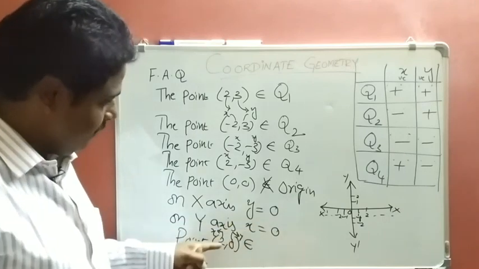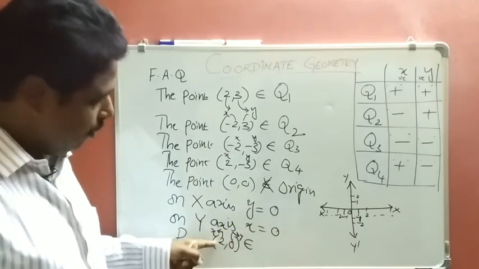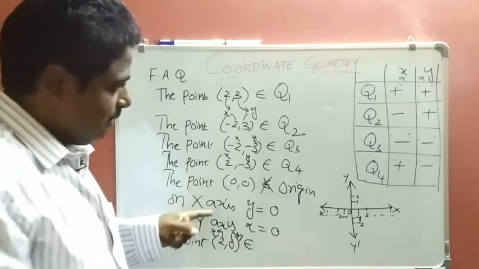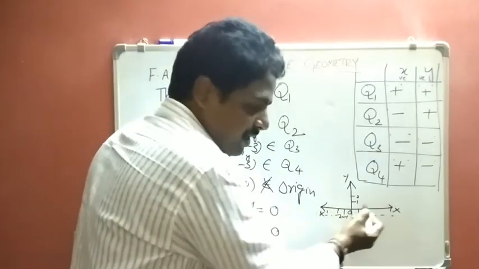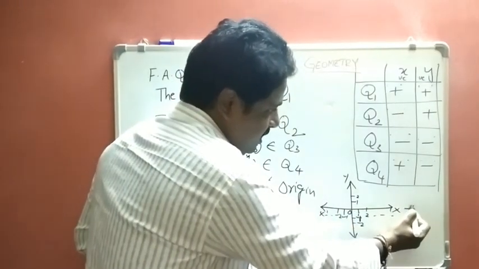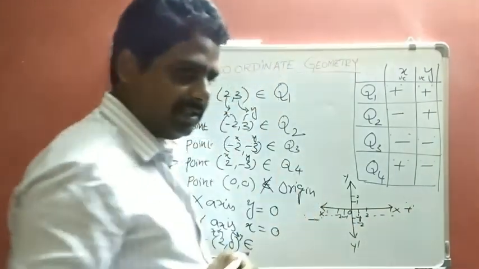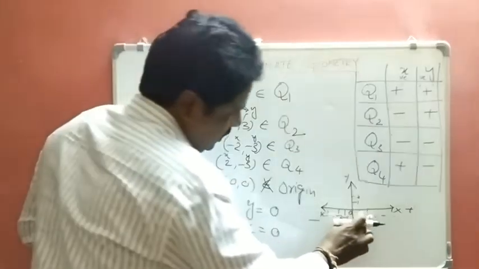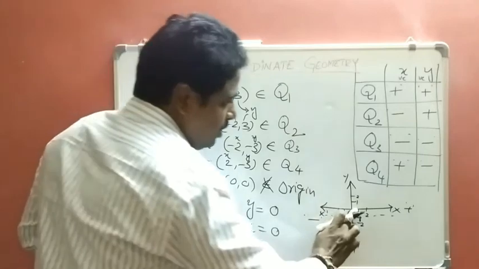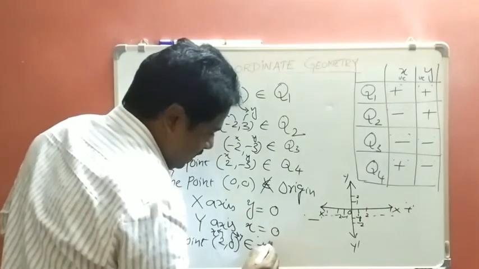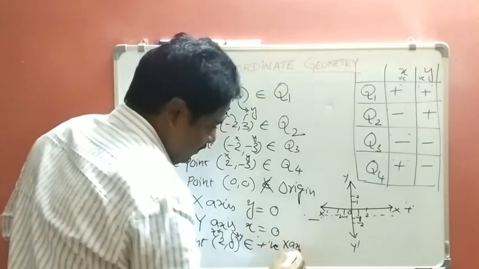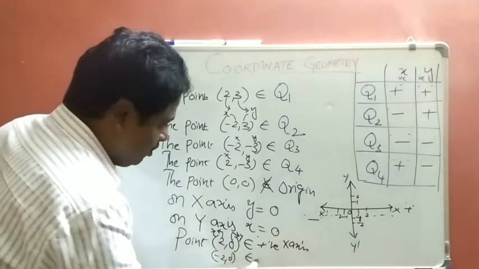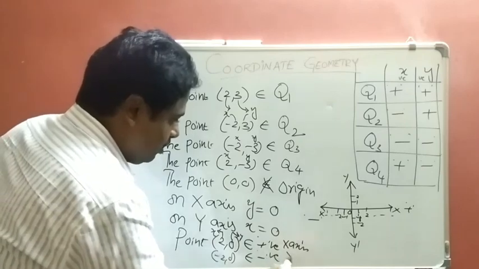So the Cartesian coordinate (2, 0) lies on the x-axis. The x-axis has two parts: this is the positive x-axis, this is the negative x-axis. Is 2 positive or negative? Yes, positive. So (2, 0) belongs to the positive x-axis. Similarly, (-2, 0) belongs to the negative x-axis.